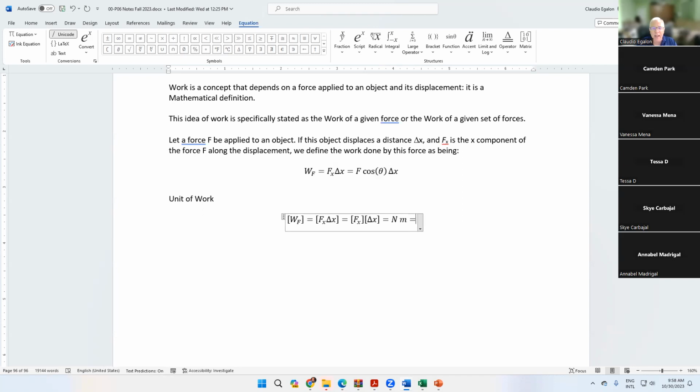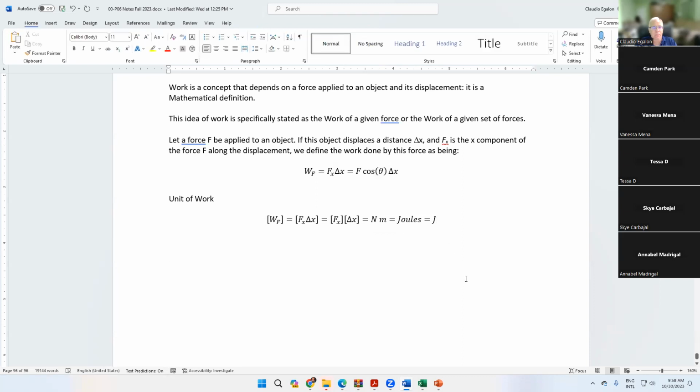This unit shows up so frequently in physics that we give it a name. We call it the joule, abbreviated by the letter J. Joule is also the unit of energy, like I mentioned, and we're going to elaborate on it.